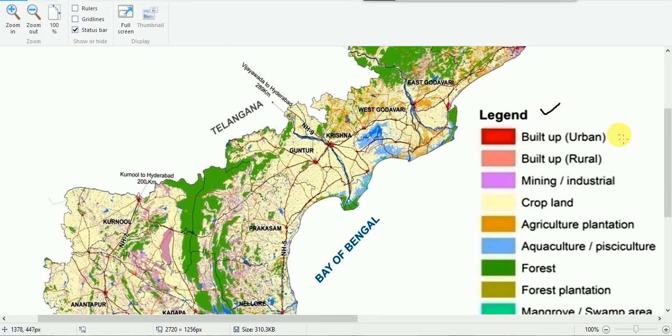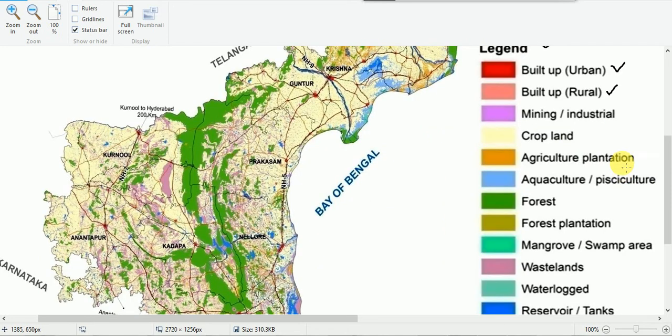Red represents urban built-up land, then rural built-up land, then mining and industrial areas, as you see here. Cropland, for example, then agriculture, plantation, then aquaculture.